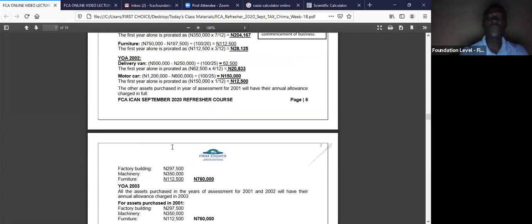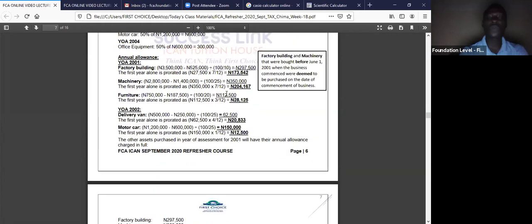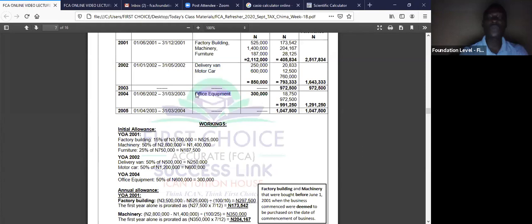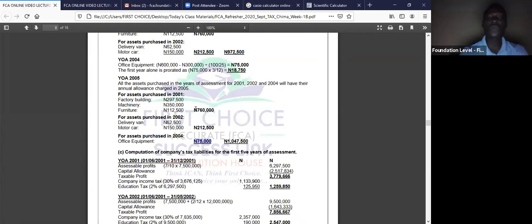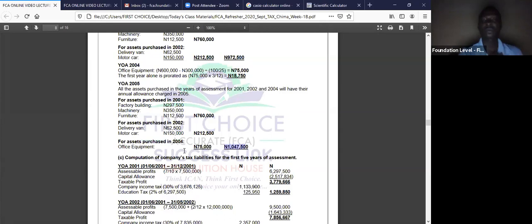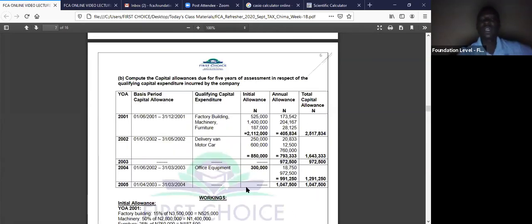And also, these are office equipment which we bought last year. Now, bringing it to this period, we're not going to prorate again. We're going to use the full value. And so the full value of that is 75,000. So you add asset purchase in 2001 plus asset purchase in 2002 and this new asset purchase in 2004. We add that 47,500. That is what we have used here. And since there is no initial allowance, that becomes your annual allowance figure.